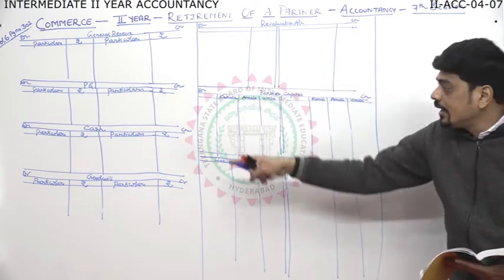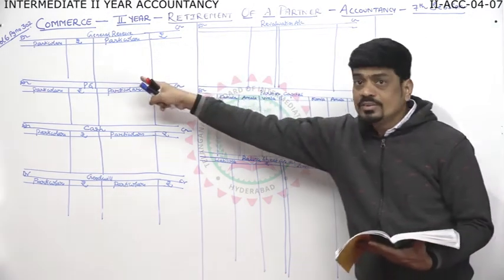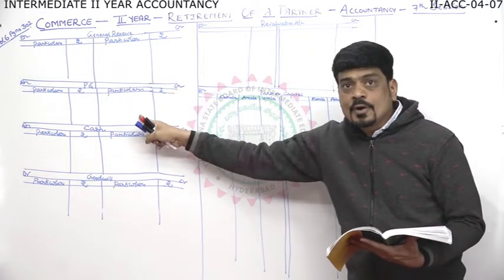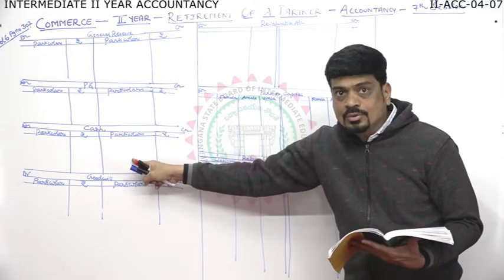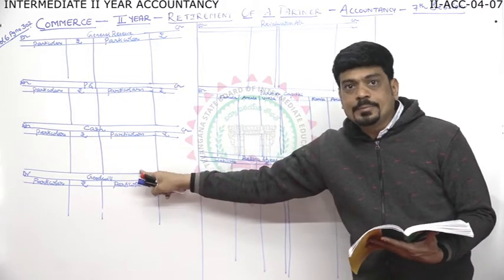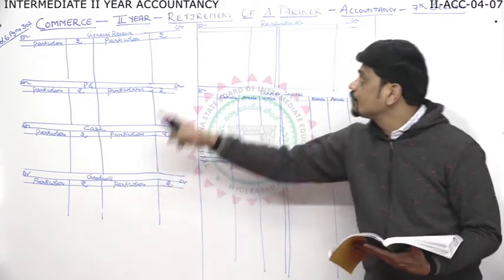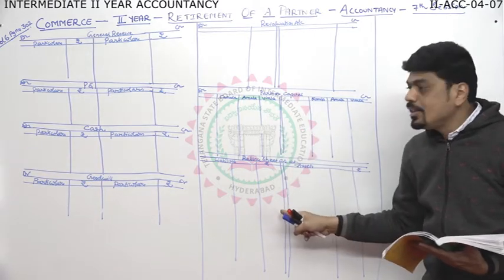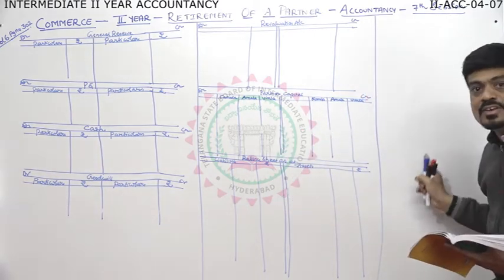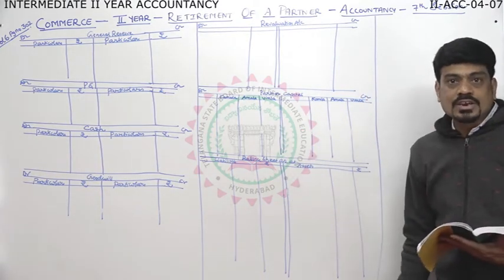So you can see which accounts have been prepared: reserve account, profit and loss account, which is the accumulated loss, cash account, which is of course not needed, but let it be, then goodwill account, revaluation, partners' capital, and the balance sheet. And the rest of the page we are going to use for workings.